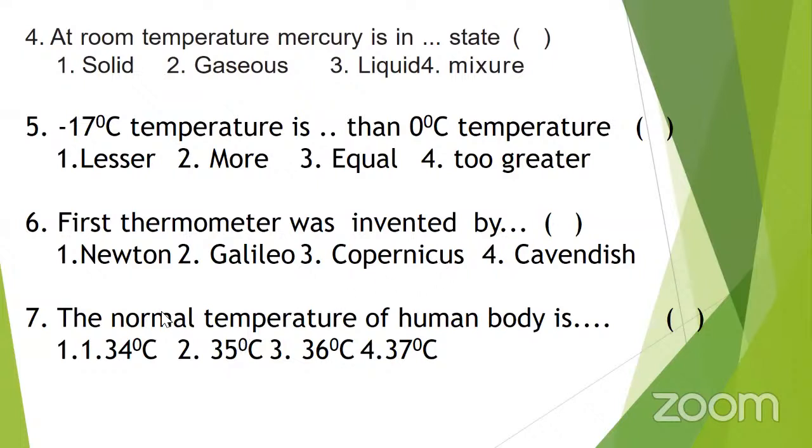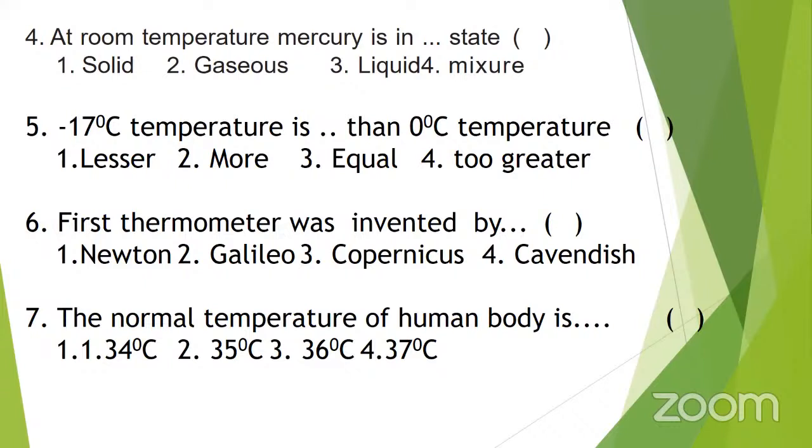So the normal temperature of a human body is given in degrees Celsius. What is the right answer? 37. We don't have option 37 here, only 1, 2, 3, 4. So you have to answer that way only. Okay, 37 degrees Celsius. What is it equal to in Fahrenheit? Option 4 is the right answer. Most of the children are writing.